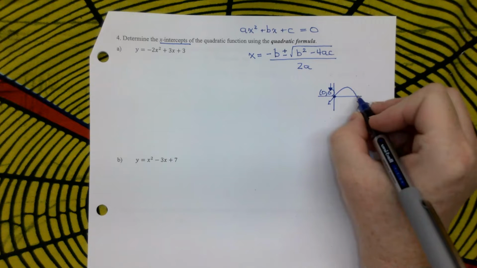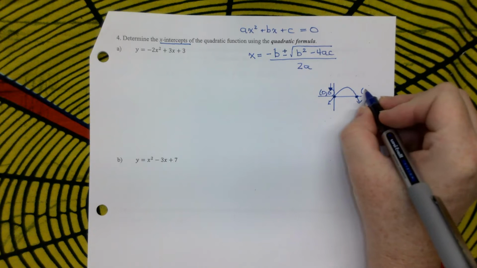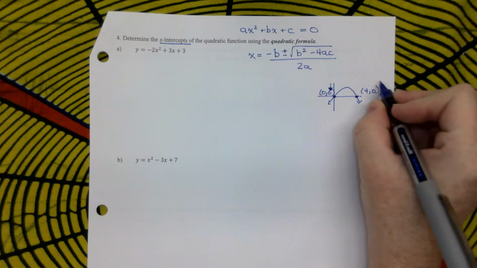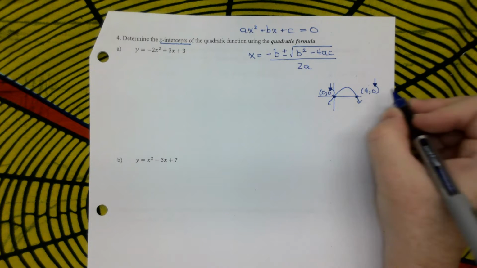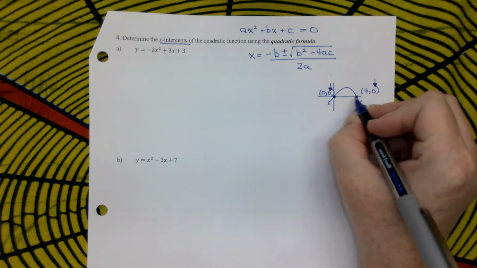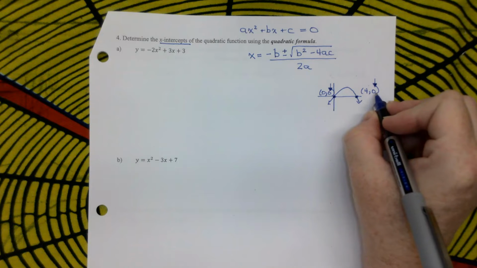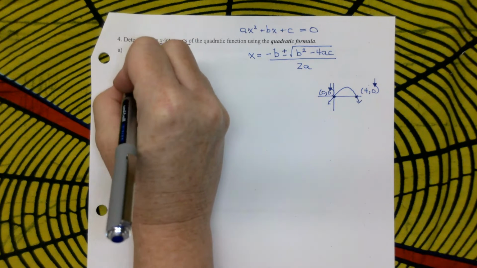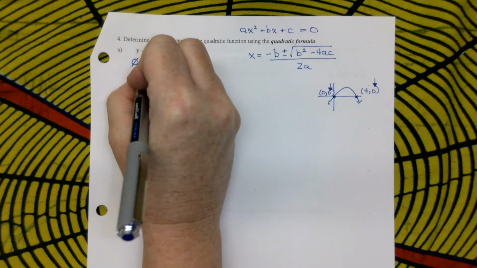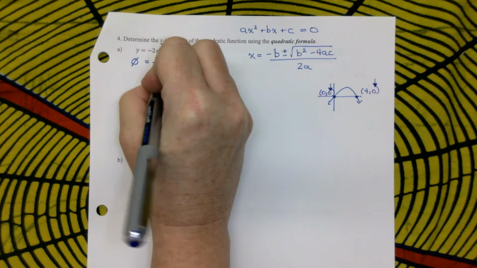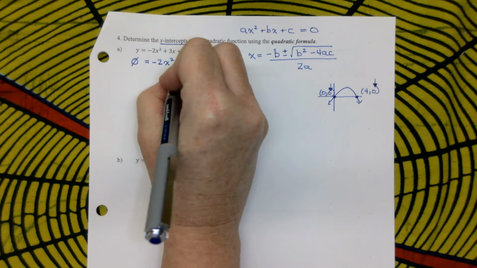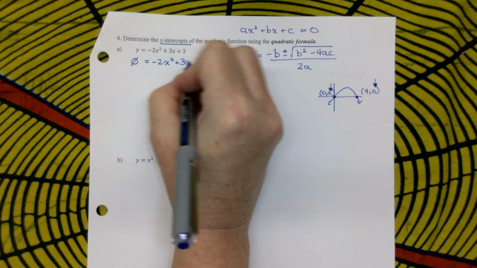And let's say this point over here was (4, 0), so once again, our y is 0. Because we know that at the x-intercepts y is equal to 0, we can replace y with 0 and set ourselves up an equation. And once we've set up the equation, we can use the quadratic formula to solve it.